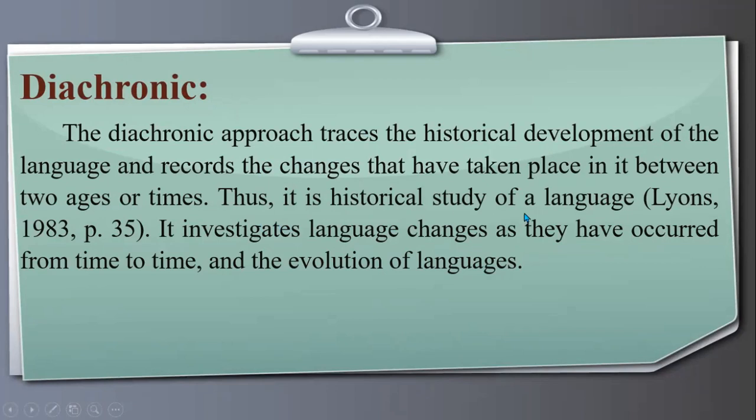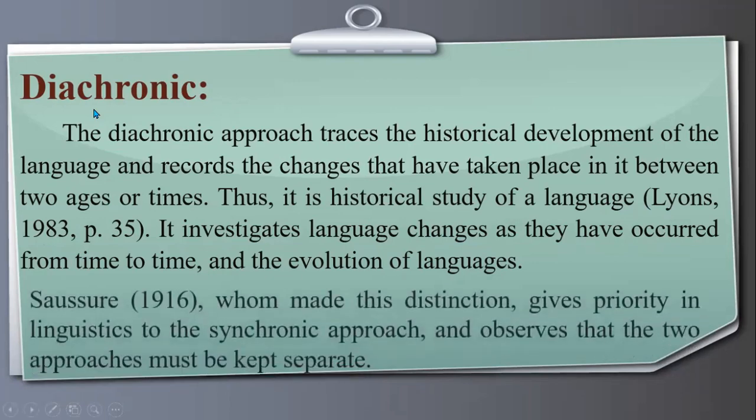Thus, it is the historical study of language, according to Lyons 1983, page 35. It investigates language changes as they have occurred from time to time, and the evolution of languages. So the evolution and change of languages is the diachronic study in linguistics.